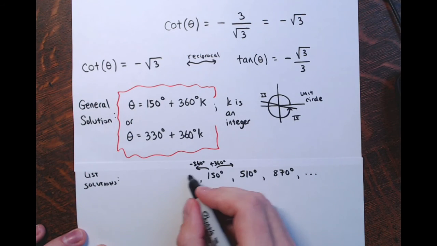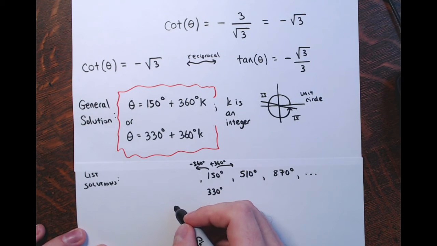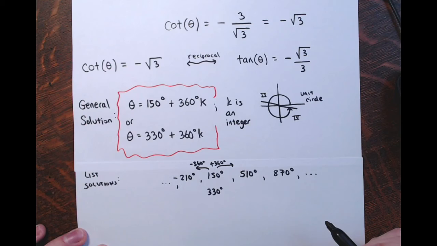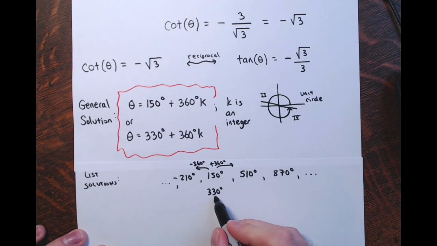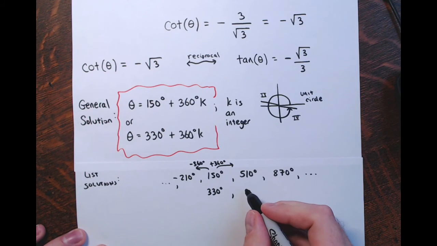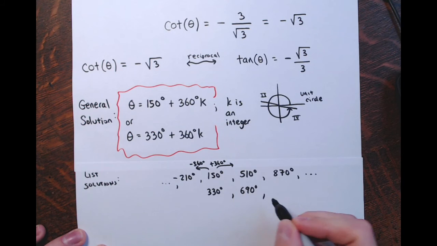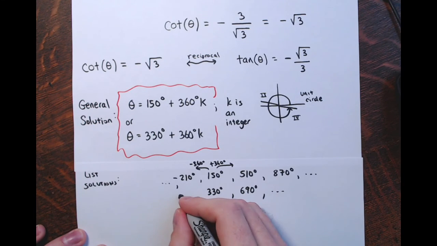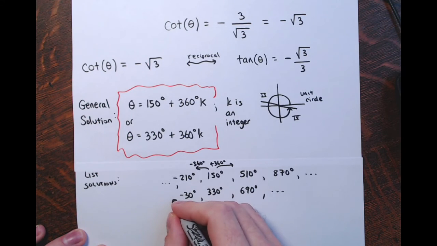And subtracting 360 would be negative 210 degrees, and so on. And the same thing with the 330: just keep adding 360, subtracting 360, you get more and more solutions. So 690 degrees for theta would be a solution, and subtracting 360, negative 30 degrees would be another solution.